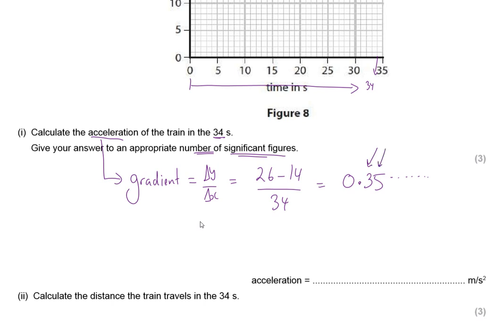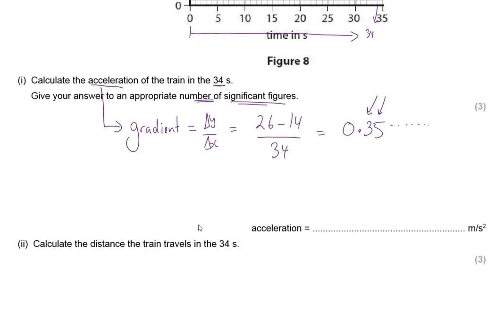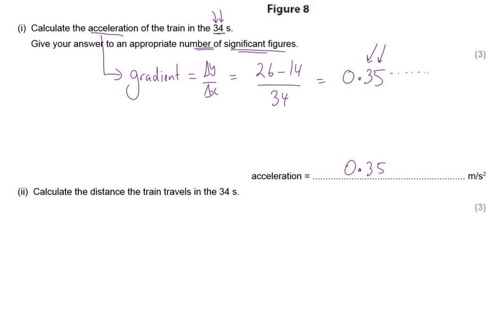Now, why do we choose two figures? Because if you look at the numbers in the question, this one is one figure and this is two figures. Okay, so therefore we want to write the answer to two significant figures or two decimal points in this case. But don't worry about that. You're not going to be penalized yet because you have not learned this in maths, and normally for A level this becomes much more important, but when you learn about it, all good.